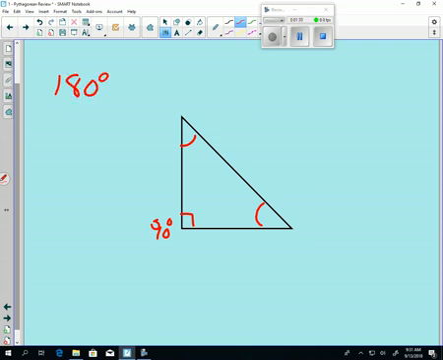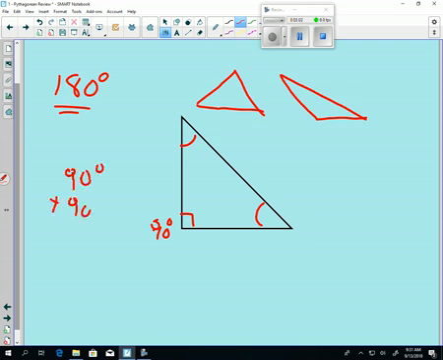For all triangles, no matter if they're right, acute, or obtuse, all the angles will add up to 180. So if this one is 90, then these two have to add up to 90.